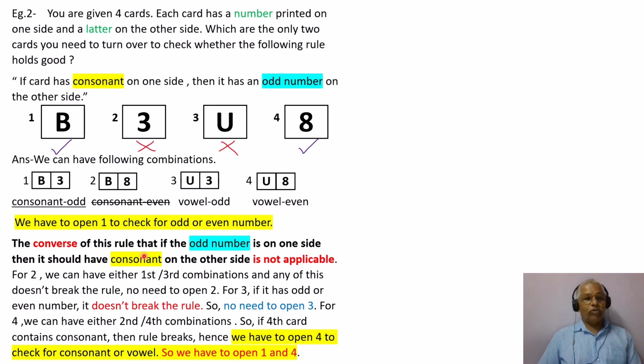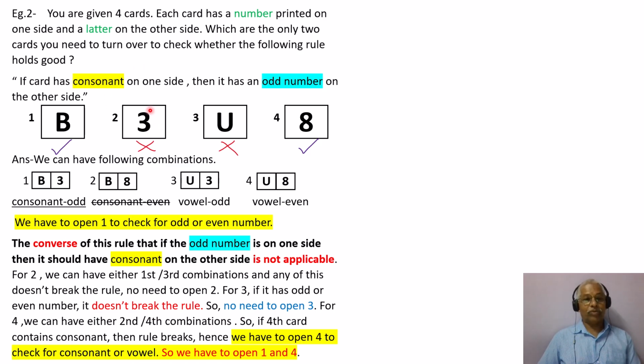Now see the converse of this rule, that if the odd number is on one side, then it should have consonant on the other side, is not applicable. If there is odd number, then the other side may have anything, either consonant or vowel, because that doesn't break the rule. Rule is for consonant and odd, not for odd and consonant.